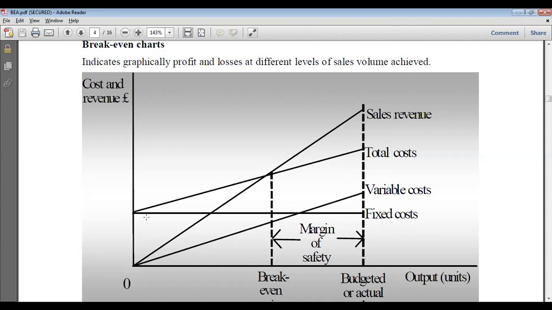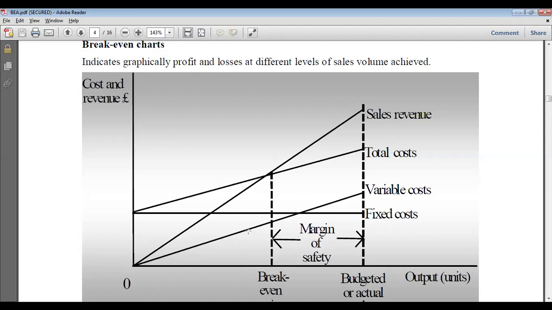So now we'll talk about break-even analysis. This line depicts the total cost, and this line depicts the total revenue or sales generated, the total money generated. We will see the sales revenue generated has more angle or more gradient from the horizontal.